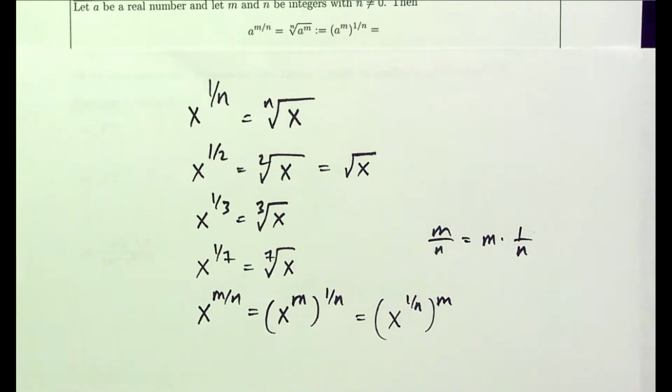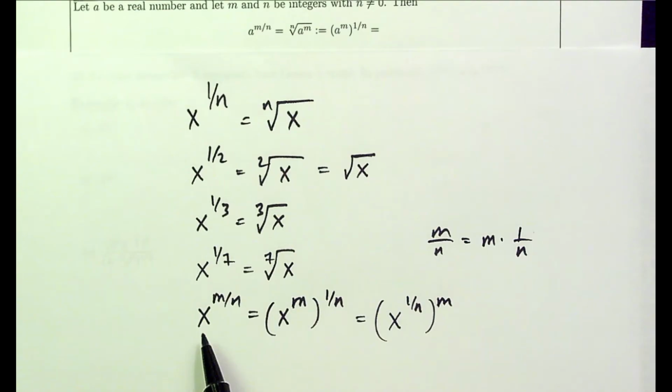I'm assuming here m and n are integers. Either one works. They give you the same thing. So that's what it means when you have an exponent that is a fraction.